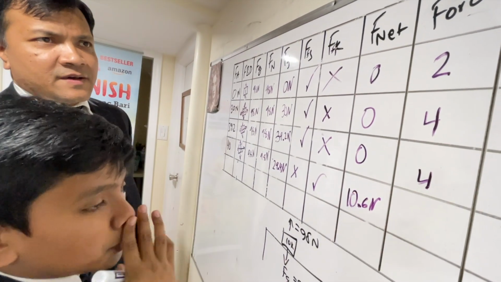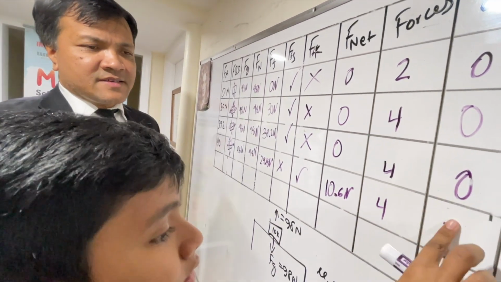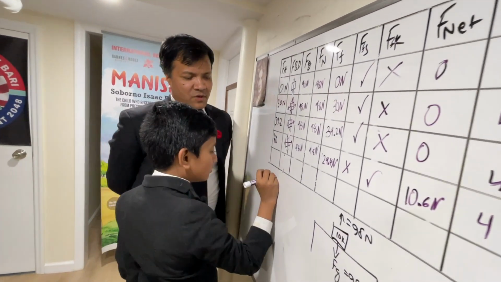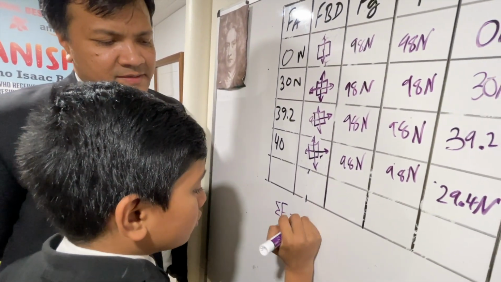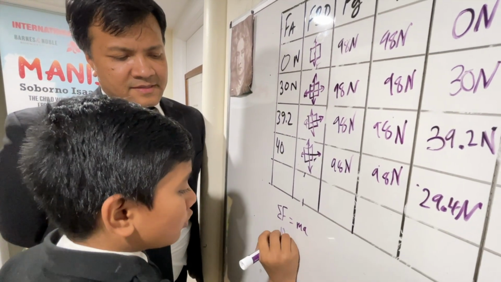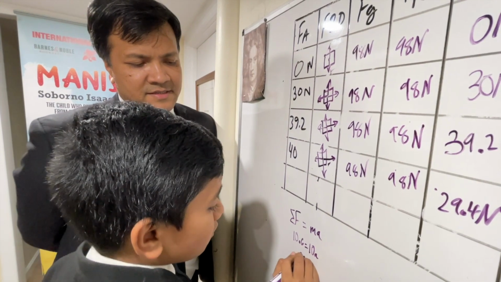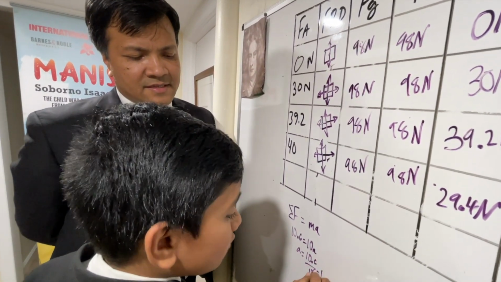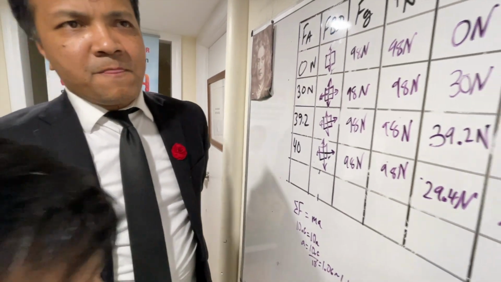How many forces? Still 4. And what is the acceleration? Show me now, by Newton's second law, F net equals ma. We know Fnet is 10.6 and we know m is 10. So all we have to do is find a, and that's 10.6 divided by 10, which is 1.06 or 1.1. So write 1.1.